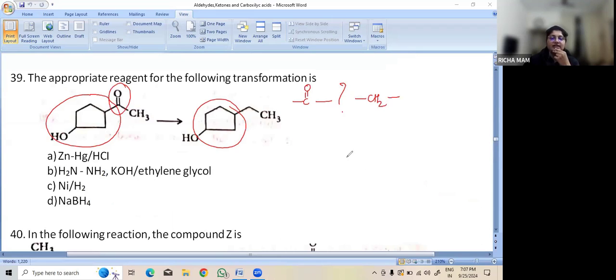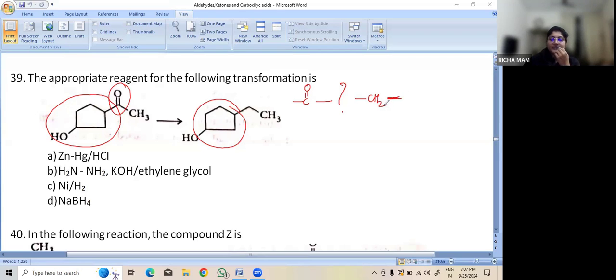Which is this name reaction where a carbonyl compound is reduced to a CH2 group, that is, a hydrocarbon?